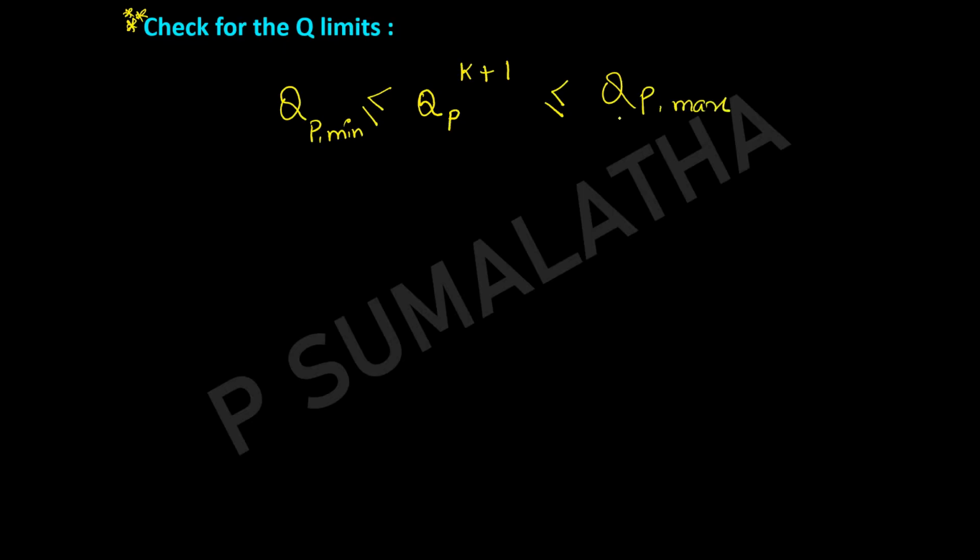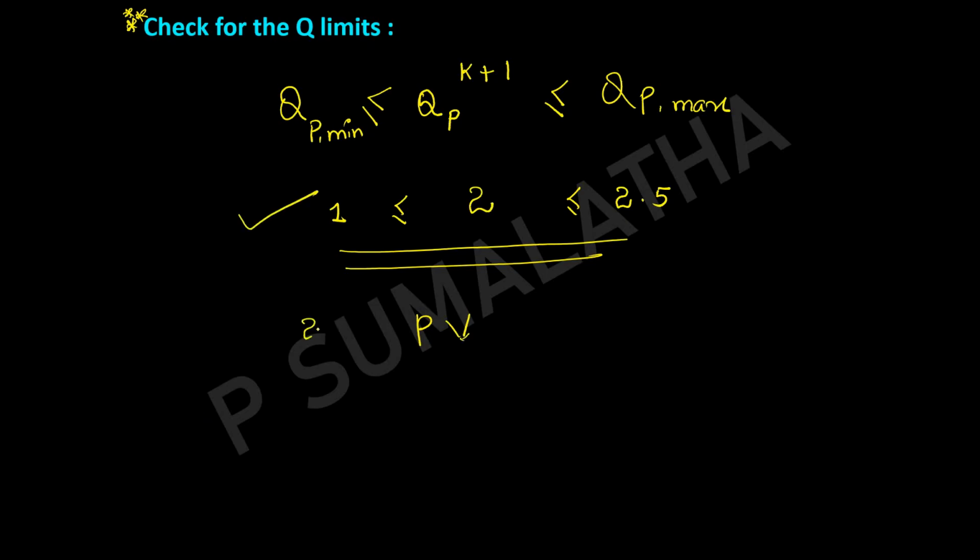So for example, let me say if the Q_p minimum value is 1 and the maximum value is 2.5. Whatever the calculated value that we are getting here, that should be within this range. Then only you can consider that bus as a PV bus. Suppose you got the Q_p value as 2 per unit. If they have given the second bus as a PV bus, yes, it is accepted.